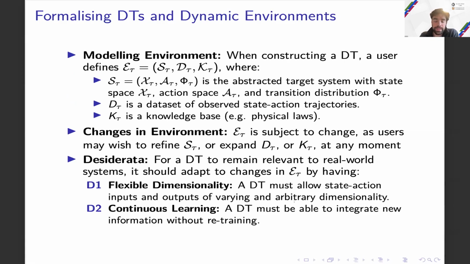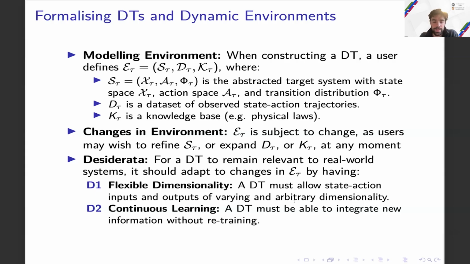so that they can more easily adapt to these changing environments, which might become more clear if we formalize a few concepts. So when we consider the construction of a digital twin, we define what we call a modeling environment that the user is operating in. And this modeling environment consists of three subcomponents, where S is the definition of the system that we are trying to model, and the abstraction that we are pursuing.